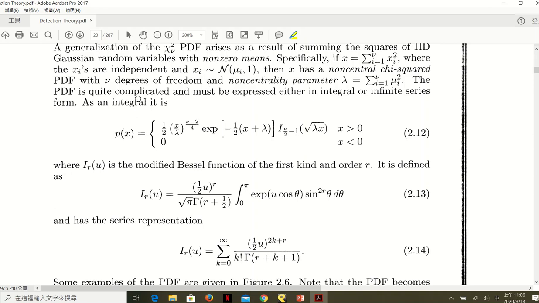It's the degrees of freedom, which is also the number of Gaussian random variables to be summed. Then the exponential function of this thing with x and lambda, again the non-centrality parameter, and this I sub (v over 2 minus 1) of the square root of lambda x. Then what is I?